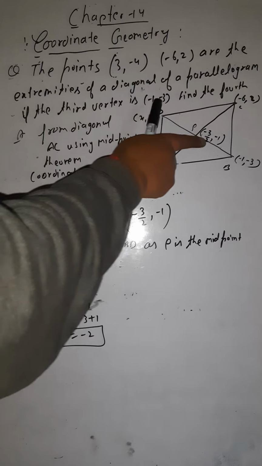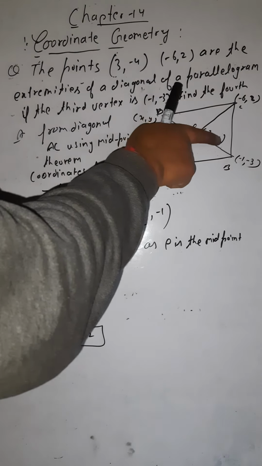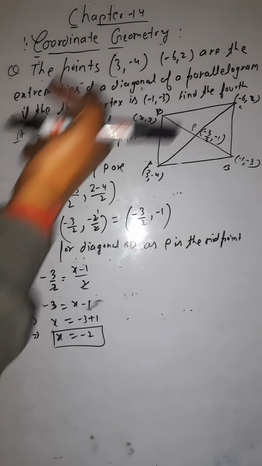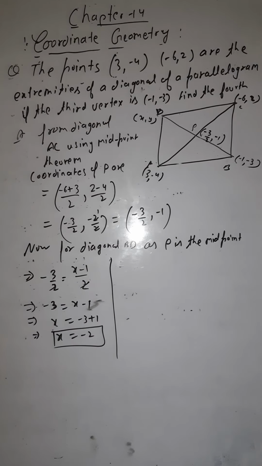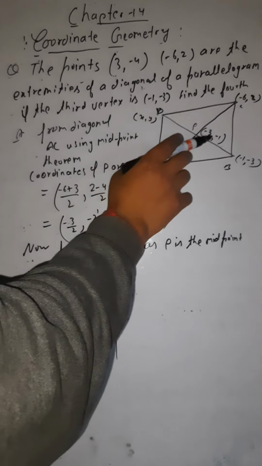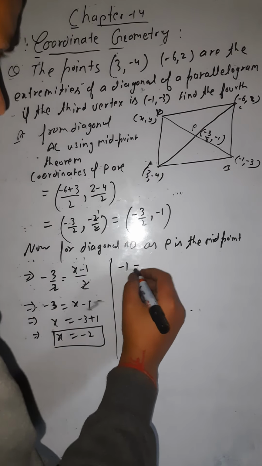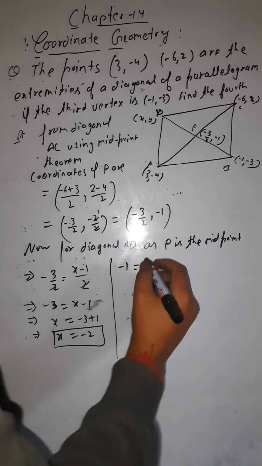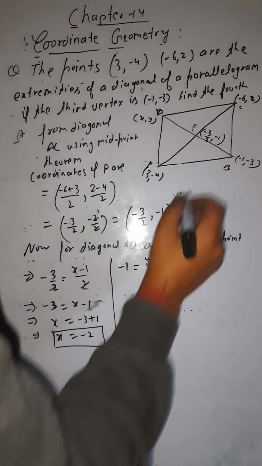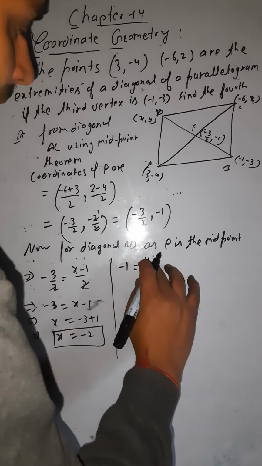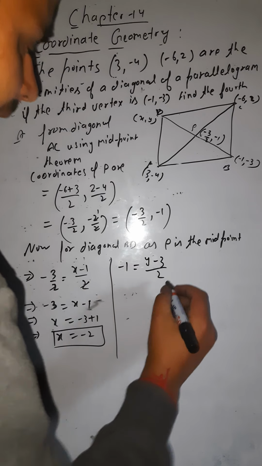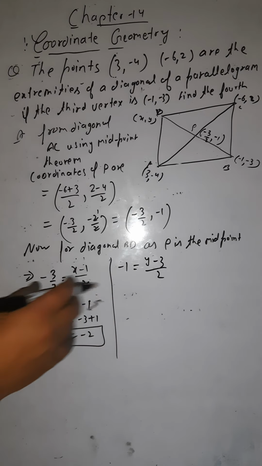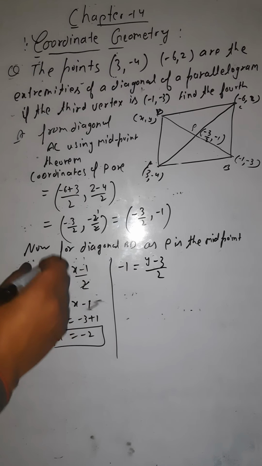Now similarly the second coordinate should be equal to its second plus its second divided by 2. Its second coordinate is minus 1, which should be equal to y plus minus 3 by 2. Now I am going to cross multiply, so 2 one ja 2.